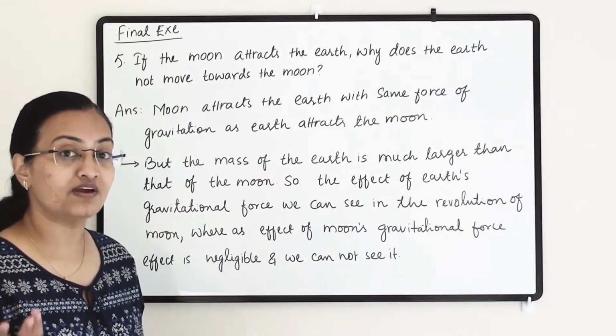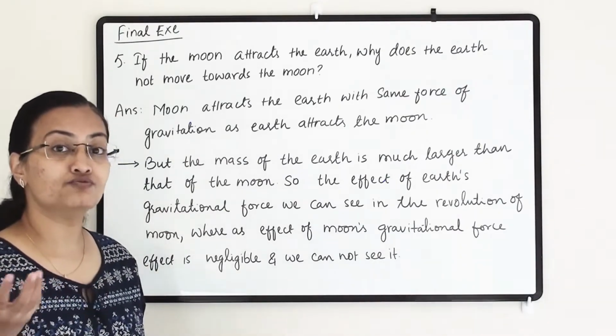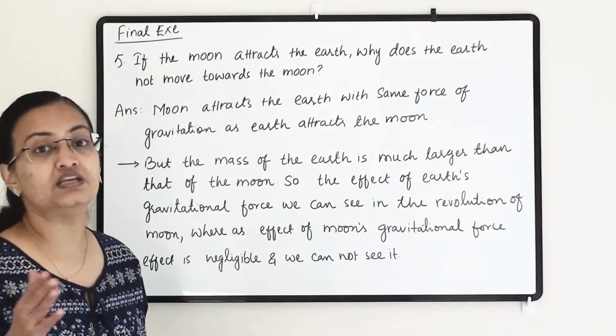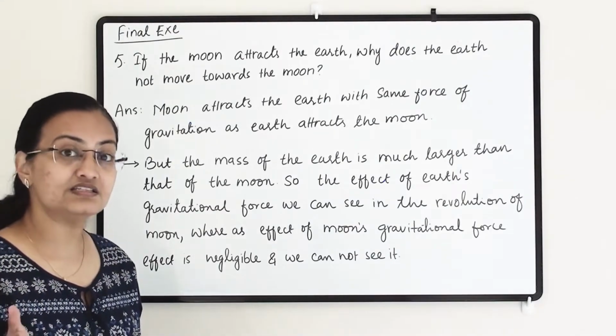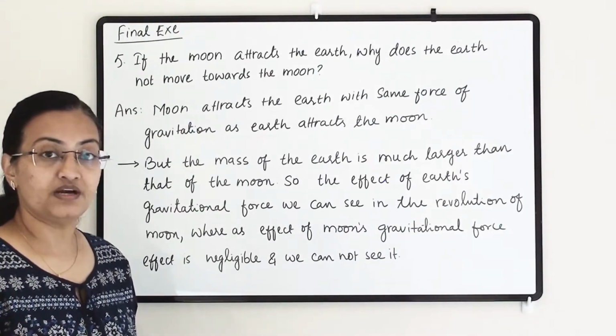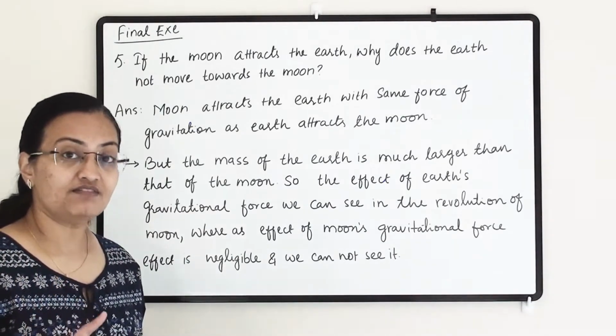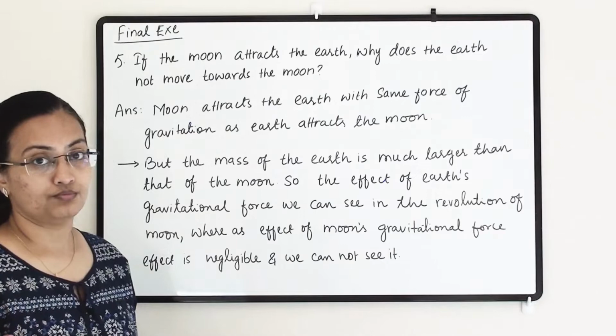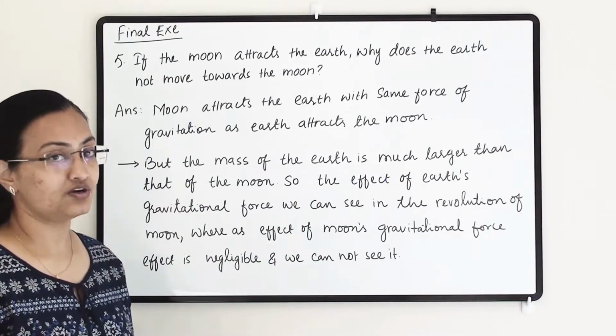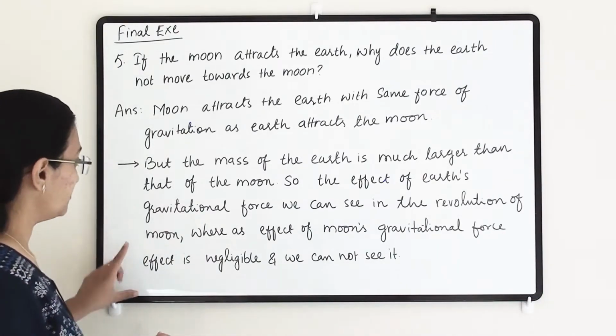So whatever effect the moon's gravitational force generates is very negligible, and as a result we cannot see it. But the effect is there and the gravitational force is also there, we just cannot see it. So how can we write it?